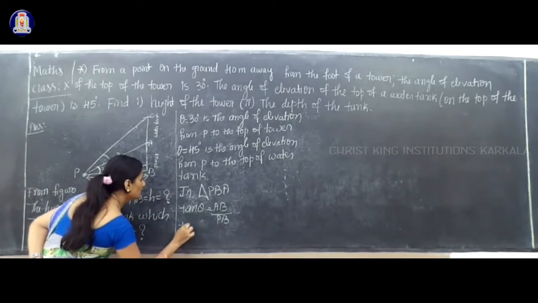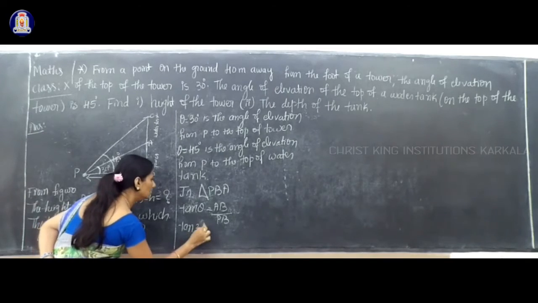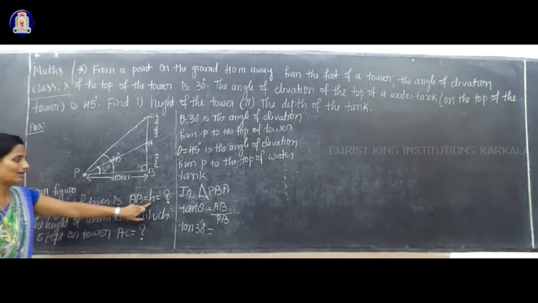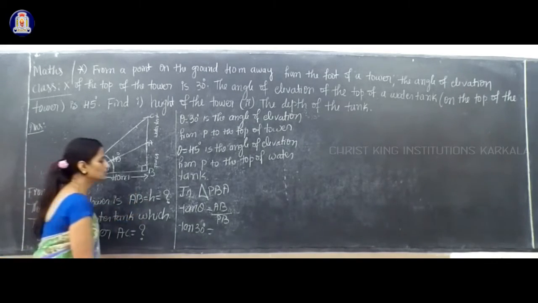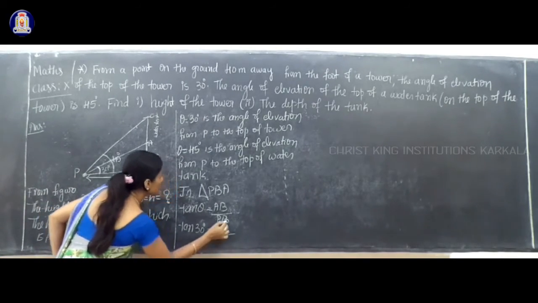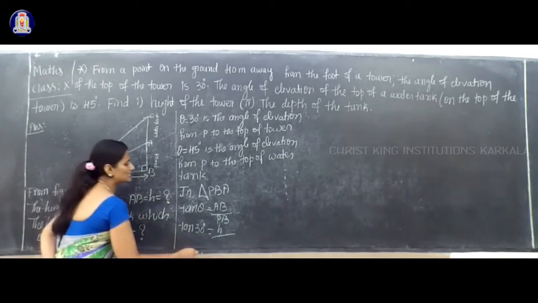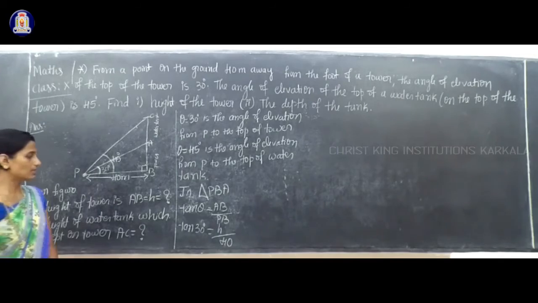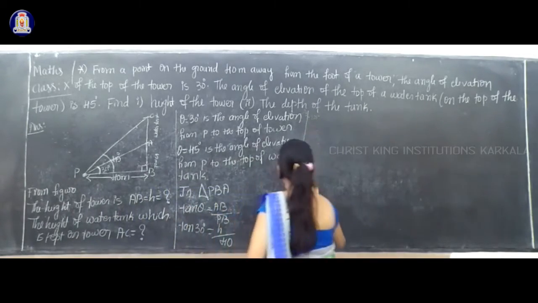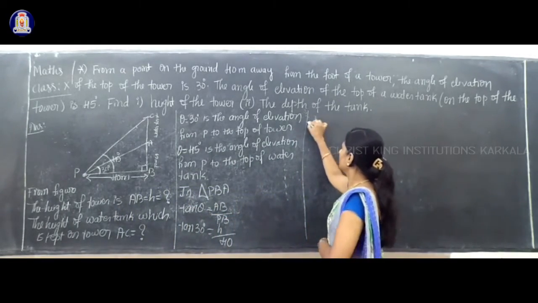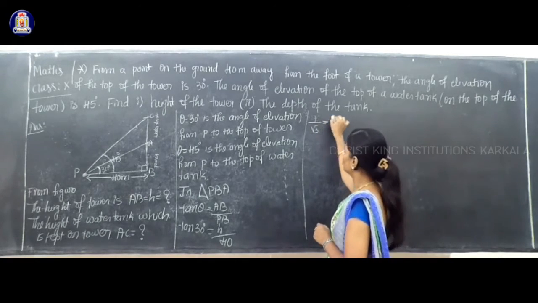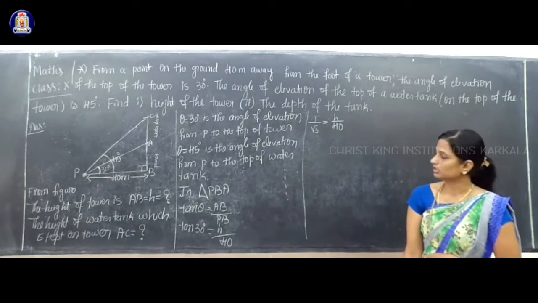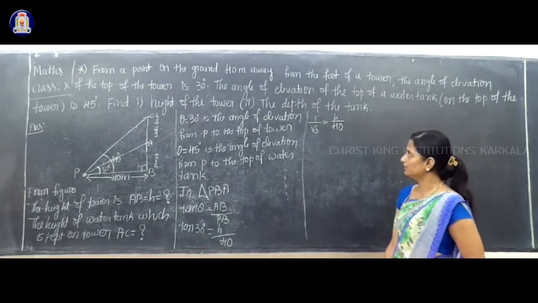Theta is 30 degree. AB is unknown, you can mark it as H or AB. I mark it as H. PB is the distance, that is 40 meter. Now tan 30 is 1 divided by root 3, which is equal to H divided by 40.